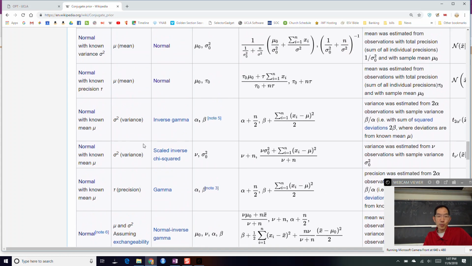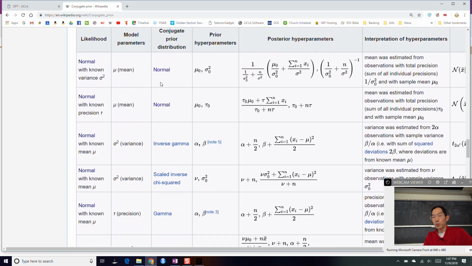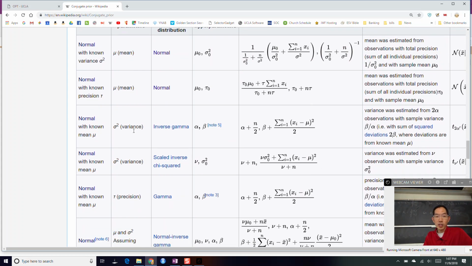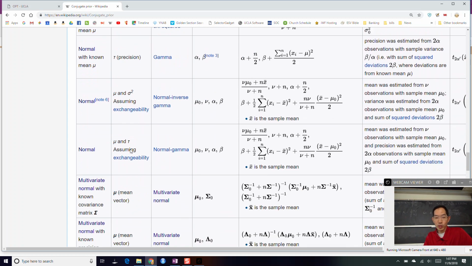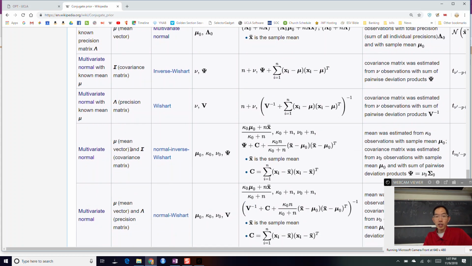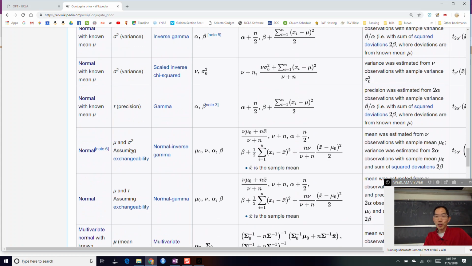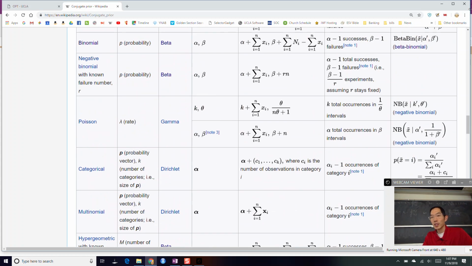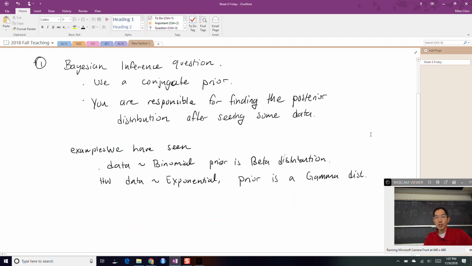And if the likelihood is normal, the conjugate prior is also normal, at least for the mean. And for the variance, you get squared inverse gamma and things like that. And so you can look through these and just get an estimate. And I imagine you can make up your own problem here.